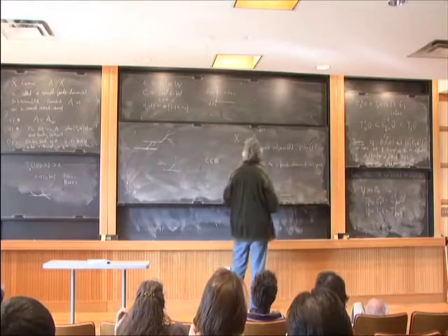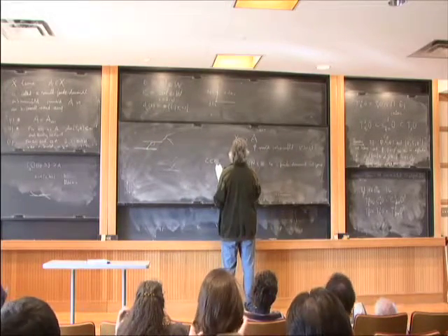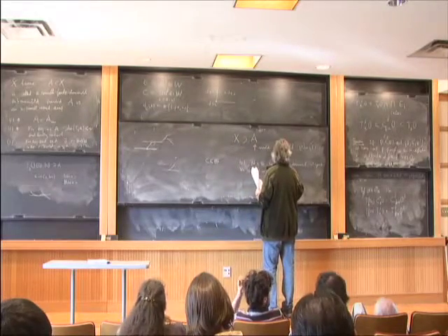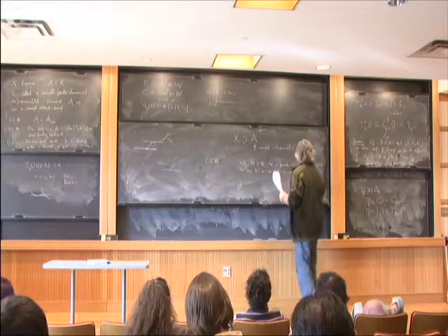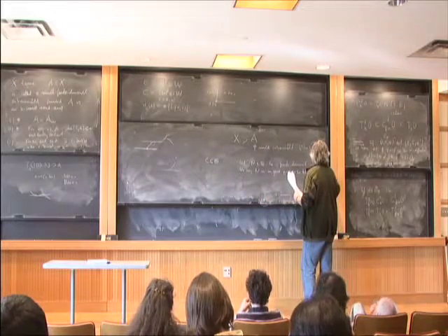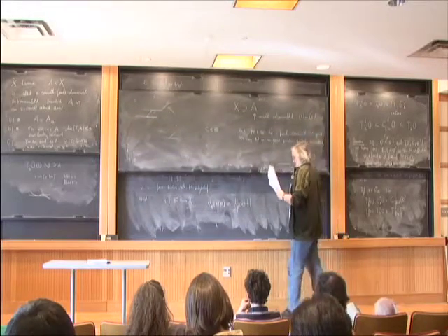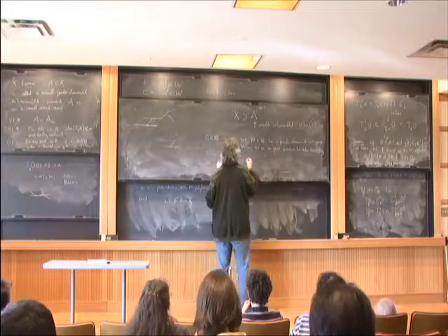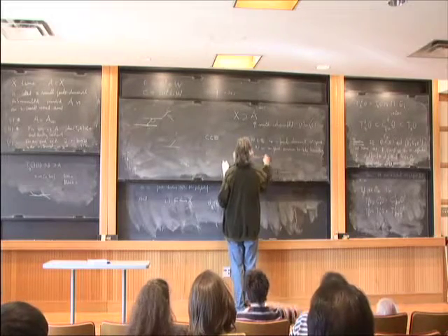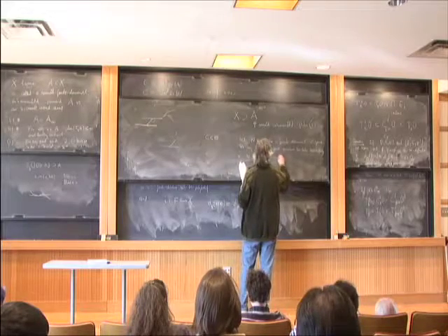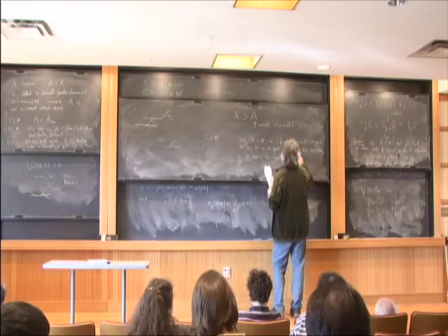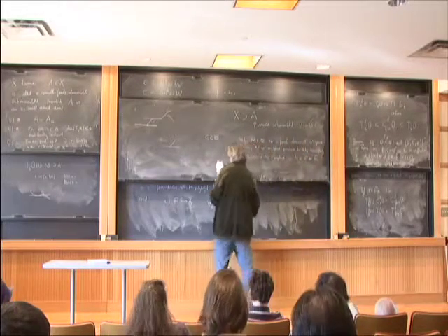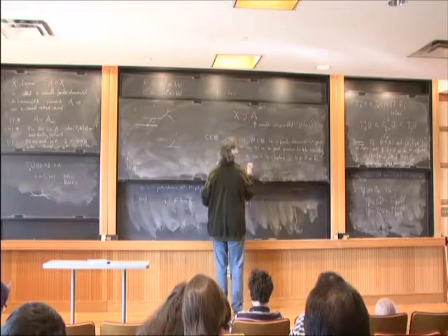So let N be a finite dimensional subspace, and then we say N is in good position to the boundary, provided the following holds. First, N has an SC complement. And then the following holds.